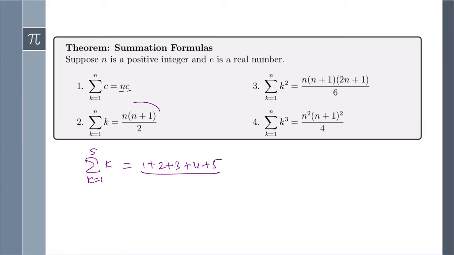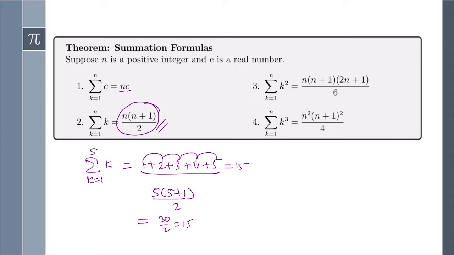For that, we can use this formula, n times n plus 1 over 2, which means for this one, n is 5. So 5 times 5 plus 1 over 2, which is 5 times 6, 30 divided by 2 is 15. Now if we add these numbers, you should get 15 because 5 plus 4 is 9, plus 3 is 12, plus 2 is 14, plus 1 is 15.